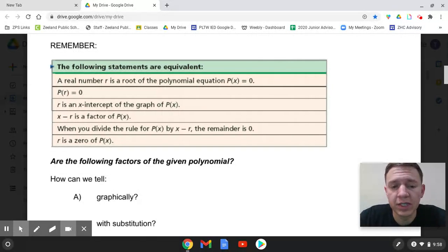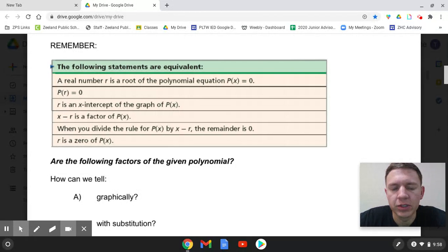So if you use synthetic division with x minus r, you'll get 0 as remainder because r would be a factor of p of x. It would come out evenly. And the last one just says r is a 0 of p of x. These are all just different situations between a factor and its function, or its equation.